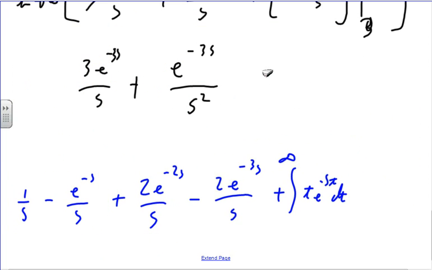Then we're going to erase that part, and then we're going to say plus 3e to the minus 3s over s. Well, look at this. I got 2s minus 3s, right? I have 3 of them and I have 2 of them. So that means I can get away with plus 1 of them.